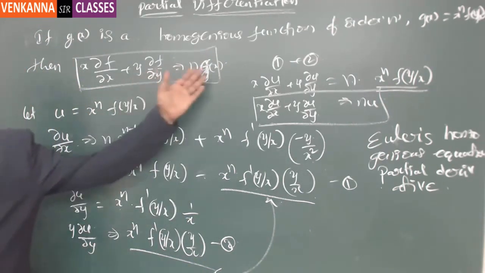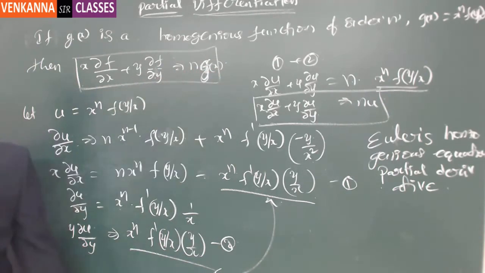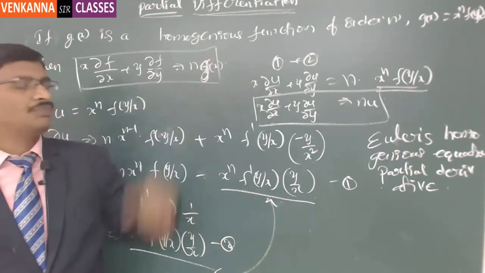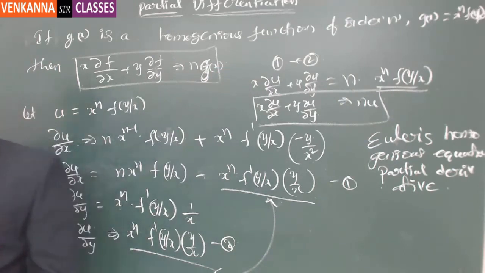Got it? So this is n times g of x, which is otherwise x^n into f of y/x. Any questions on this?